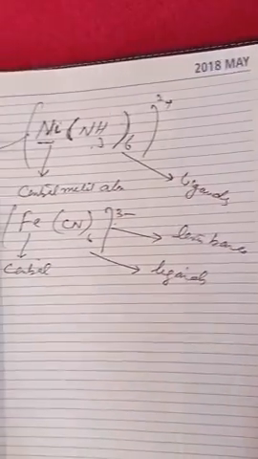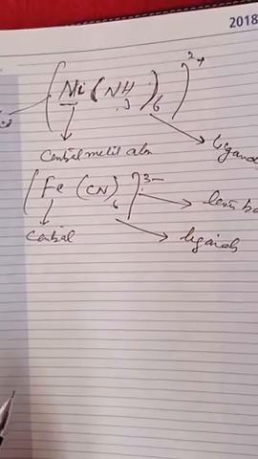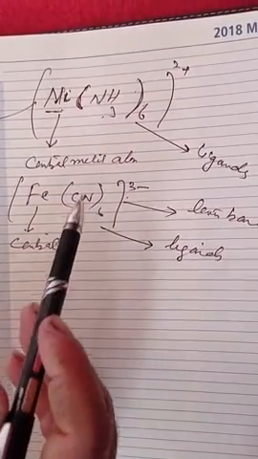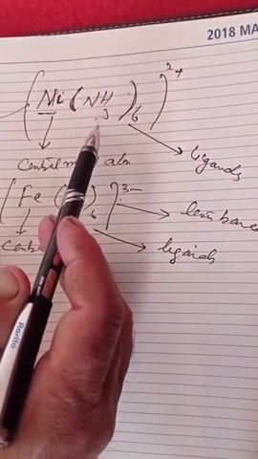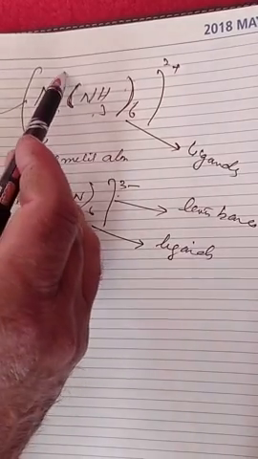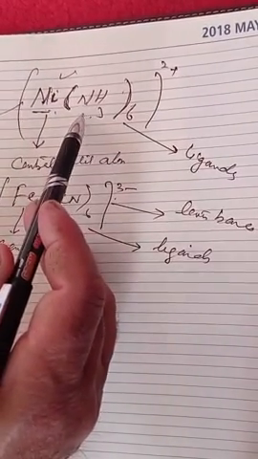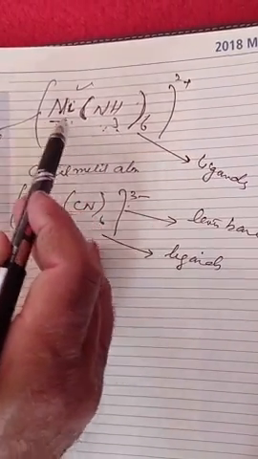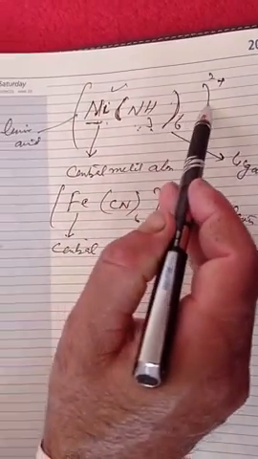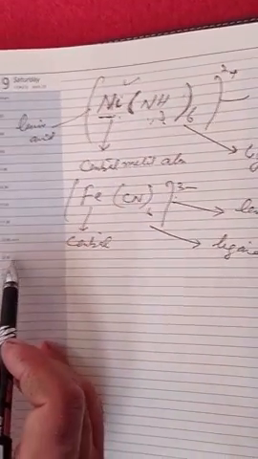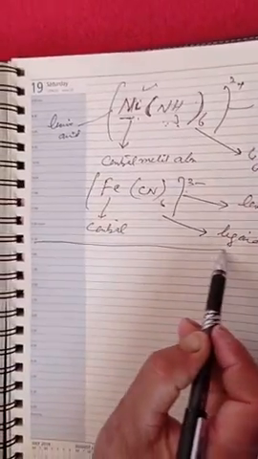So the metal atom or ion to which oppositely charged ions or neutral molecules are attached is known as the central metal atom, whereas those ions or neutral molecules which are attached to the central metal atom are called the ligands. So this was the introduction to coordination compounds.